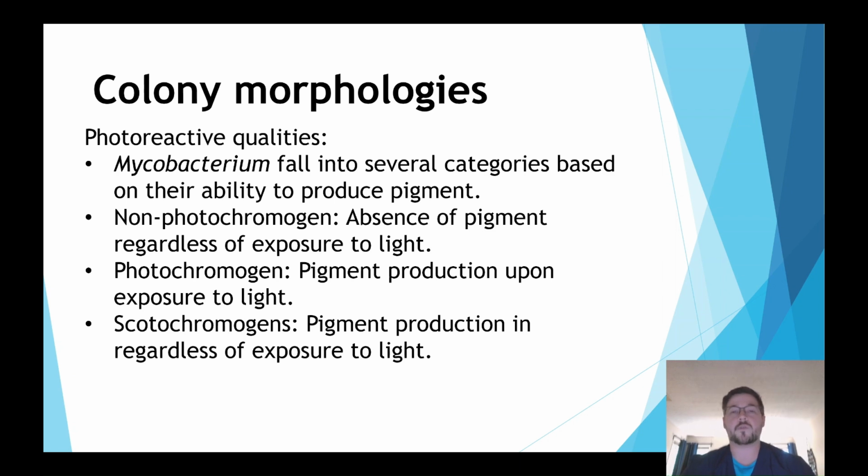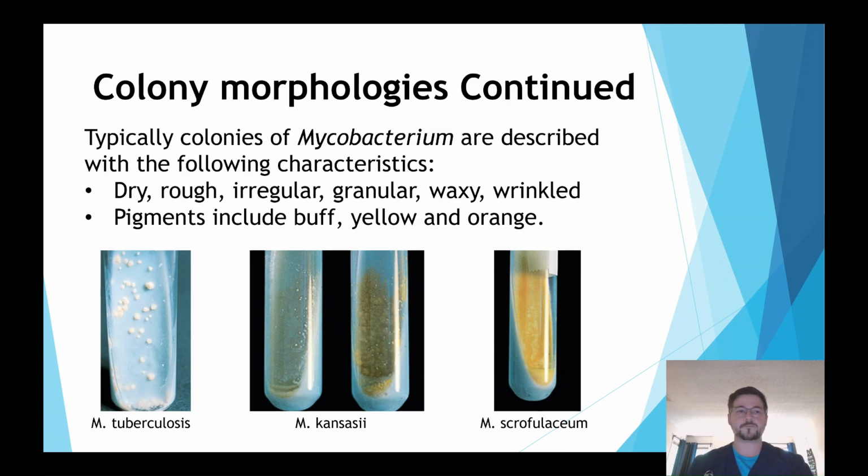So if those organisms are kept in the dark, they will remain a buff color. If they're allowed to grow in the light, then they will produce yellow or orange pigment. Scotochromogens will produce pigment regardless of their exposure to light. So generally, those organisms are always going to grow a yellow or orange color.